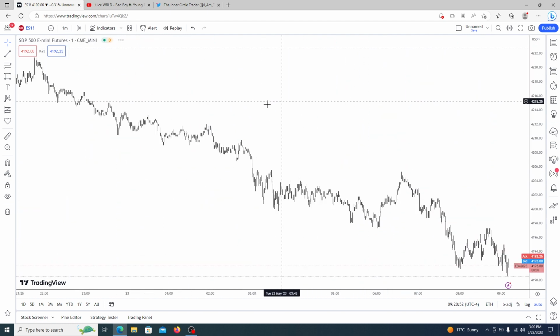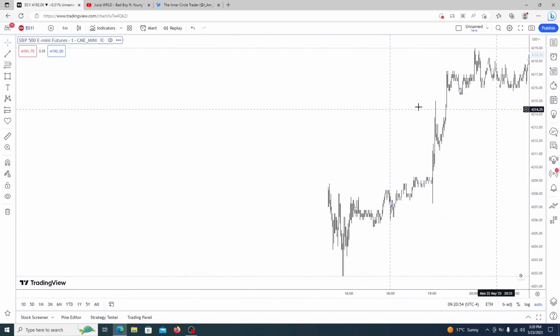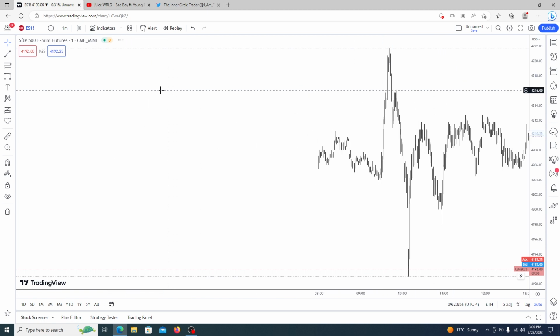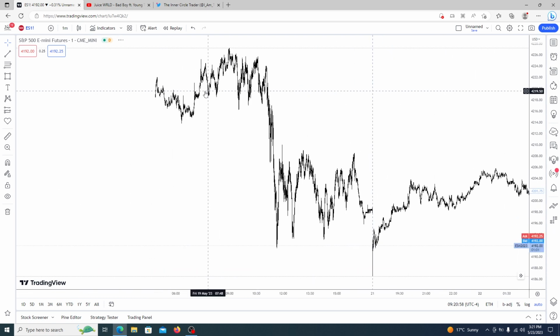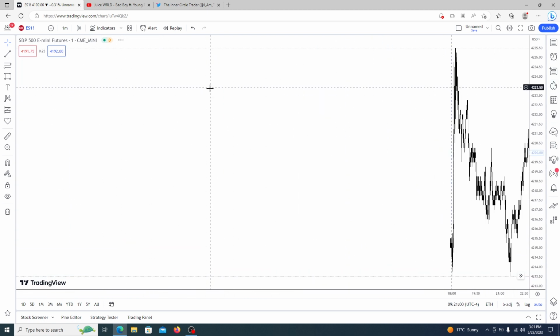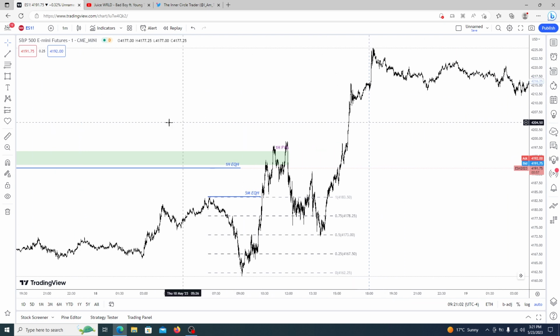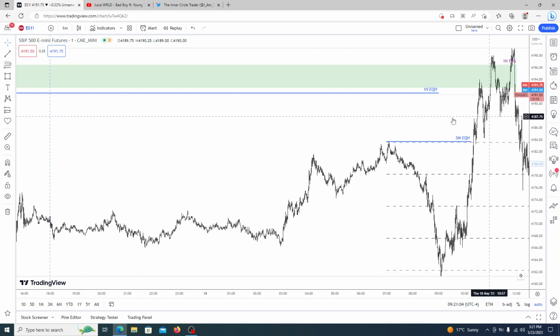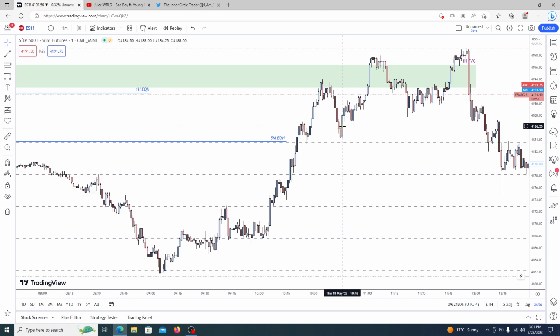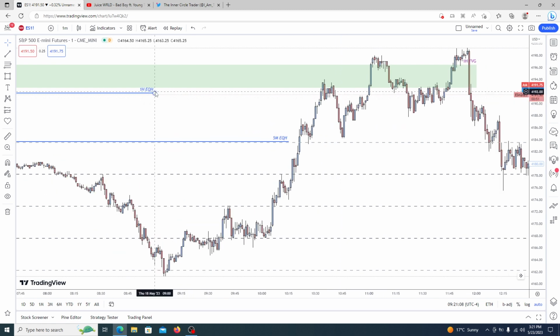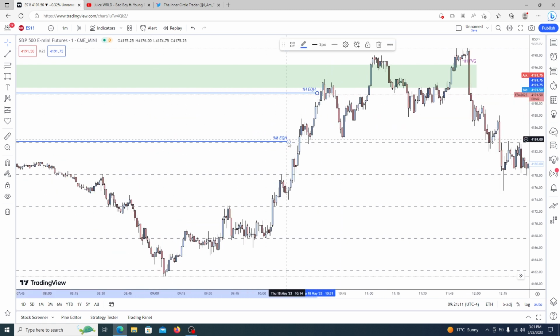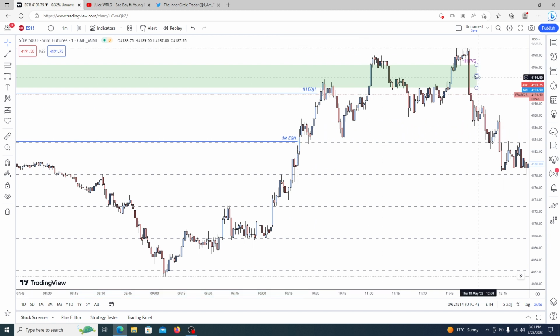Then dropping back to a 1 minute time frame, we can look at what do we have over here. Let's go back. Here we go. Back to our setup. So looking at this idea, let's just extend these lines as so, and let's go ahead and pull this back.